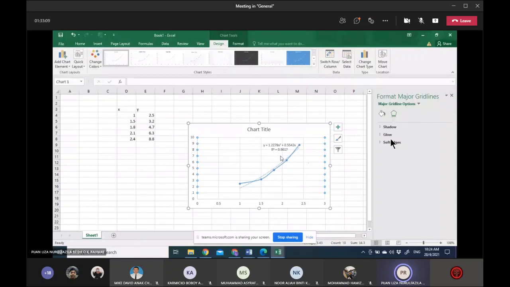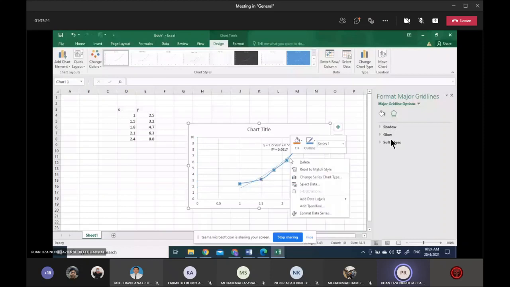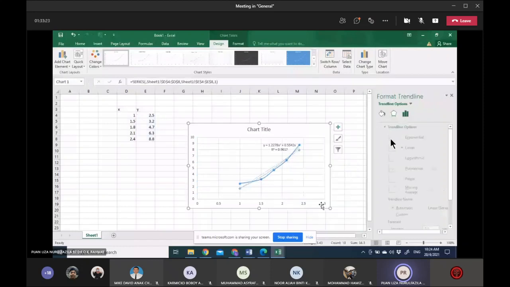R squared here tells you the fit, the degree of fit. If it fit perfectly, it will be R equals to 1. Let me just show you. If I want it to be, let's say now, exponential.